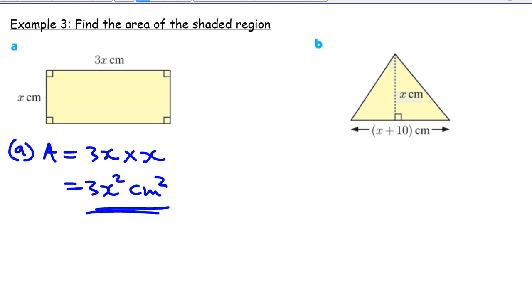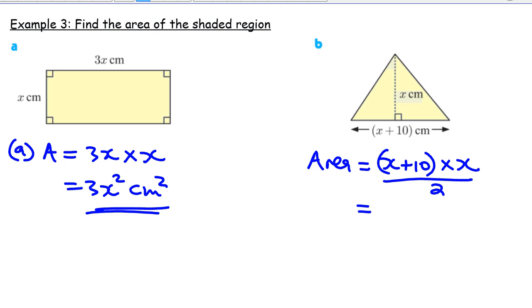The next one, area will be equal to base multiplied by height divided by 2. So that will be x plus 10 multiplied by x divided by 2, which will be x squared plus 10x divided by 2. And this is in centimeters squared.